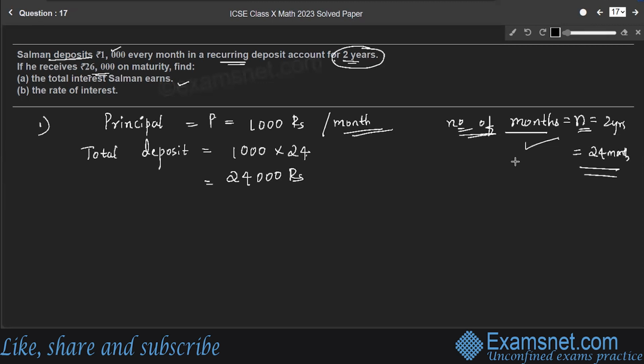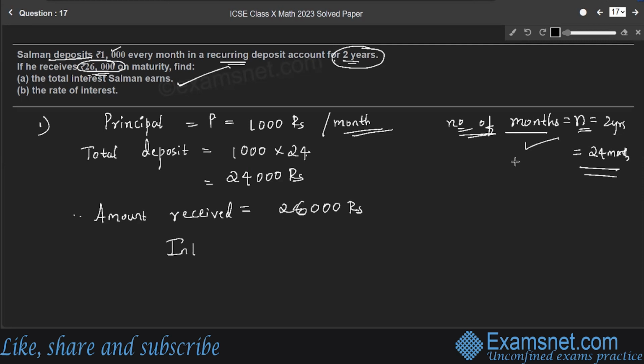And after 2 years, he receives 26,000 on maturity. Therefore, the amount received after 2 years is equal to 26,000 rupees. The first question is the total interest Salman earns.